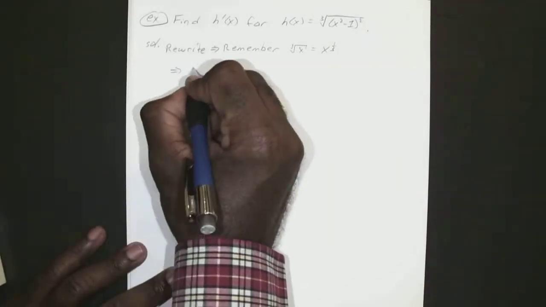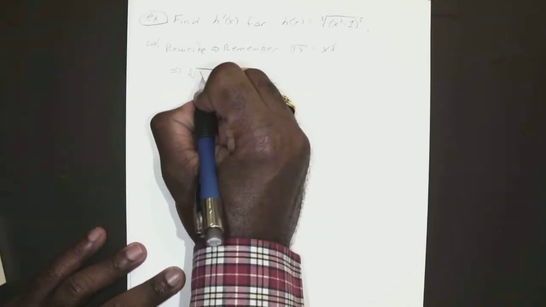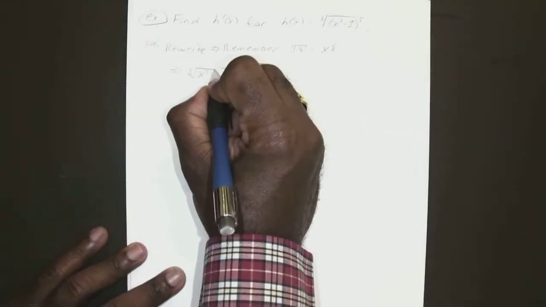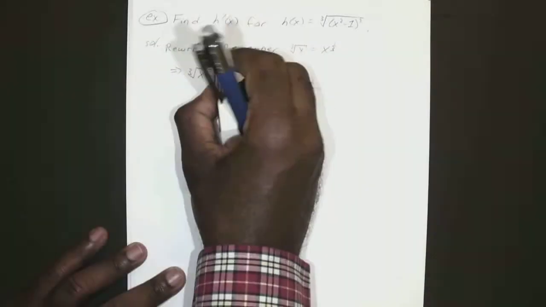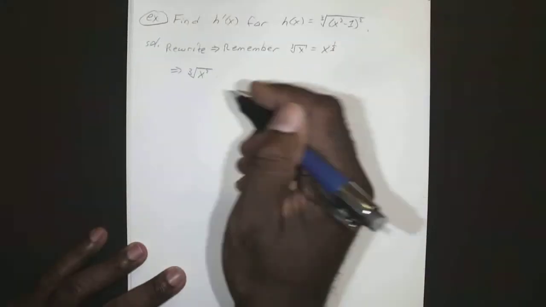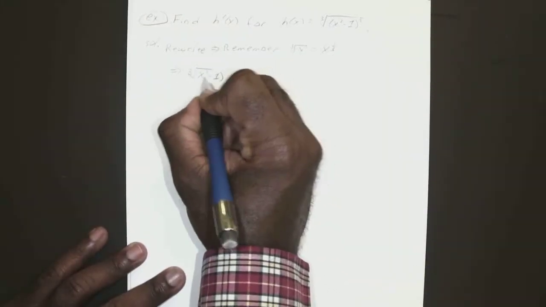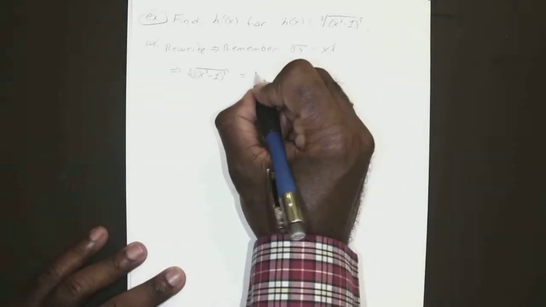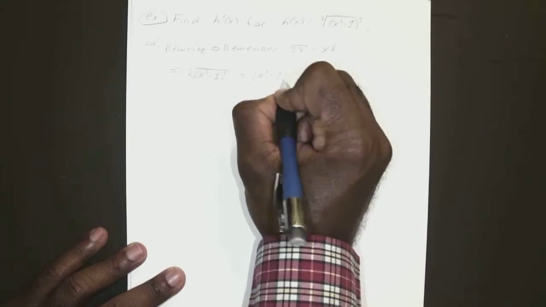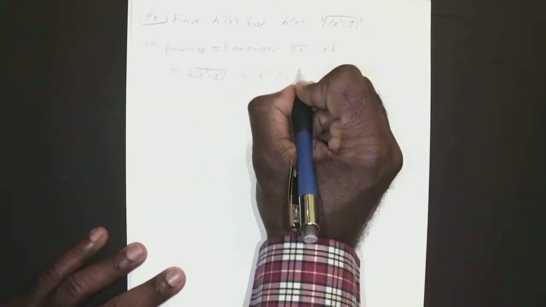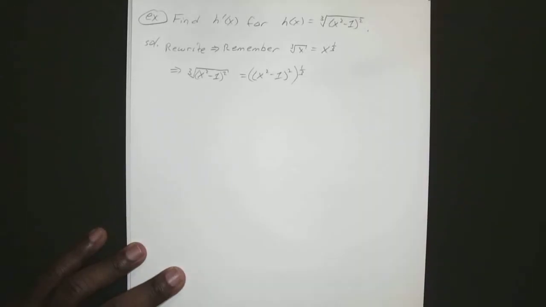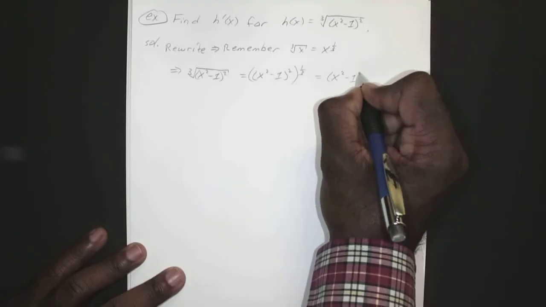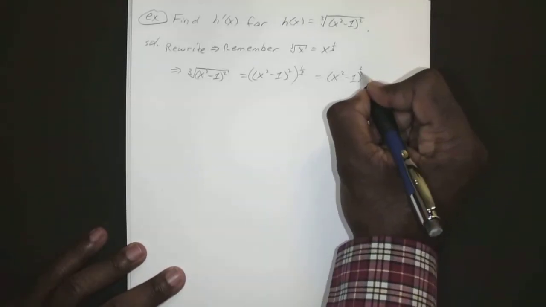So the cube root of x squared minus 1 squared, you're going to rewrite that as x squared minus 1 squared raised to the 1/3 power, which once you multiply those two, just becomes x squared minus 1 to the 2/3 power.